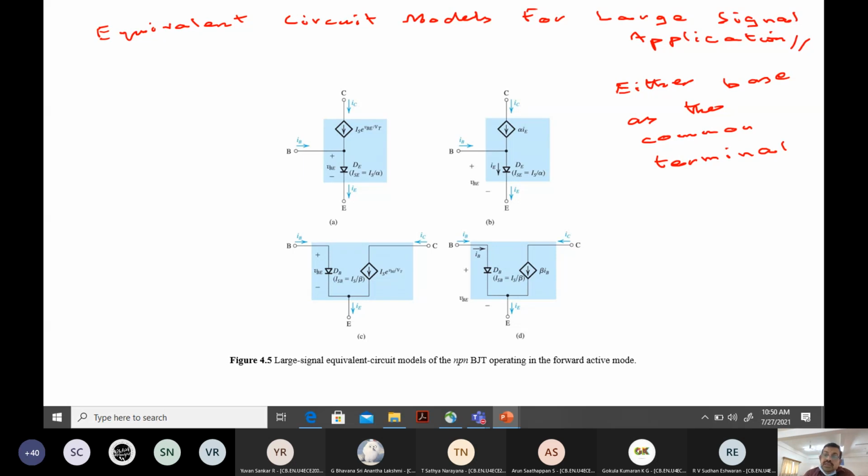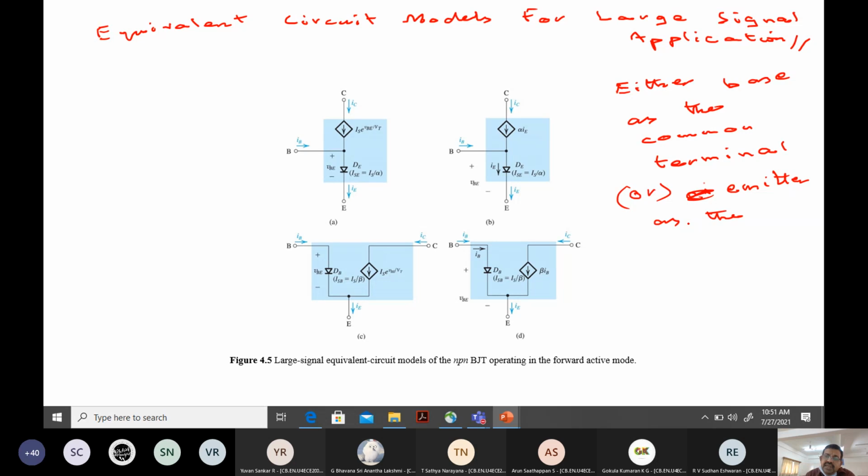And if I talk about base current, the input current is the base current, in which case we talk about it differently. So let us look at that.